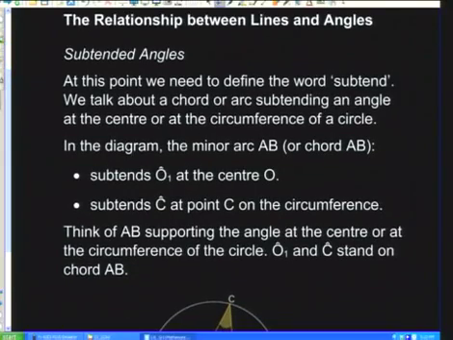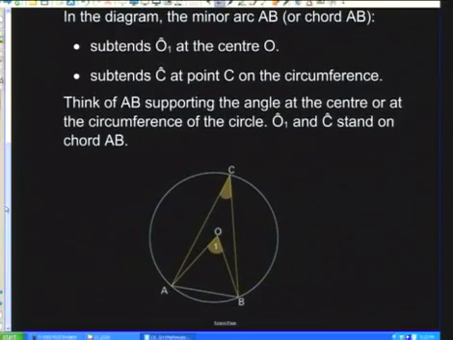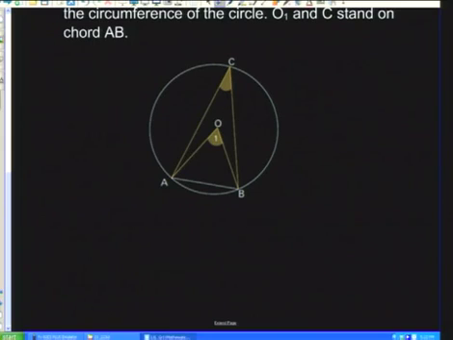We're going to look at the relationship between lines and angles, and the first one is, what do we mean by a subtended angle? And the best way to describe a subtended angle: just now we mentioned that a line that joins 2 points on the circumference is called a chord.